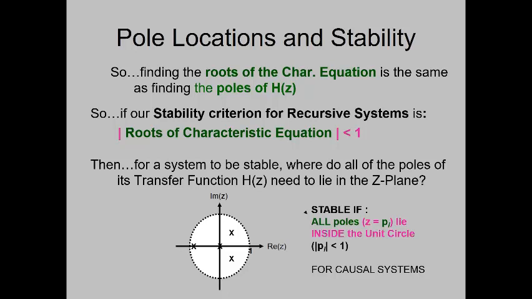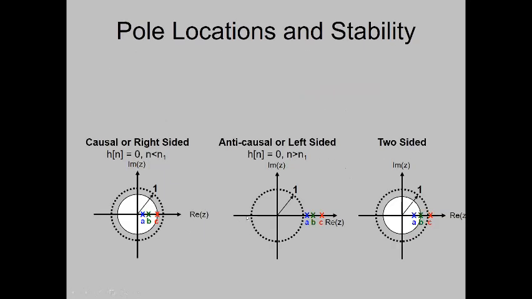Or another way to say that in pole zero diagram form is all the poles have to lie inside the unit circle for a causal system. Now that's for causal systems.